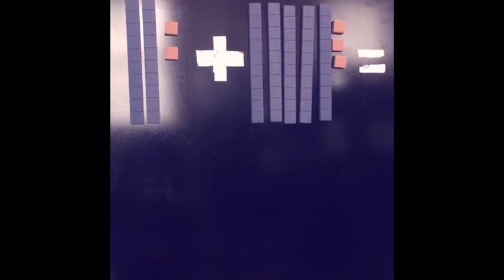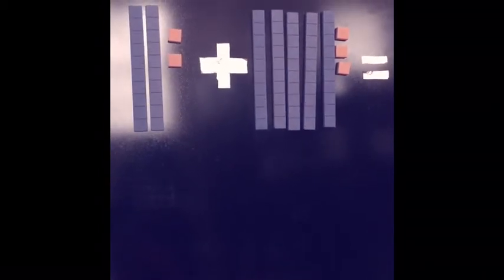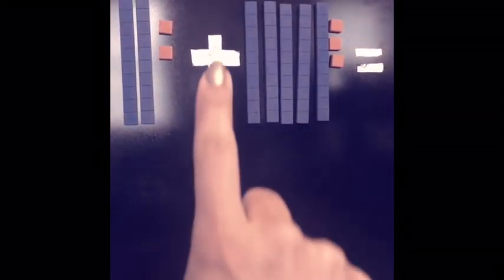And are you ready? All right, so let me show you the problem with my base 10 block manipulatives, and then you're going to draw it on your paper and you're going to solve for the sum. The sum means the answer when you are adding.